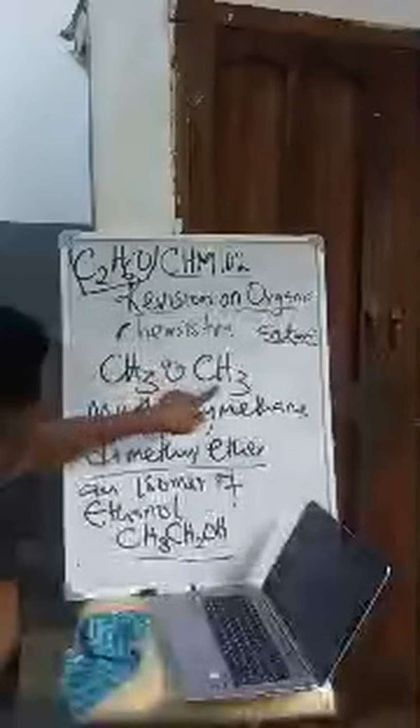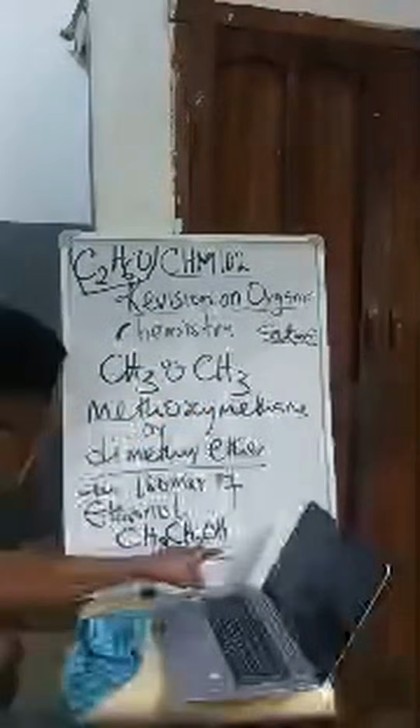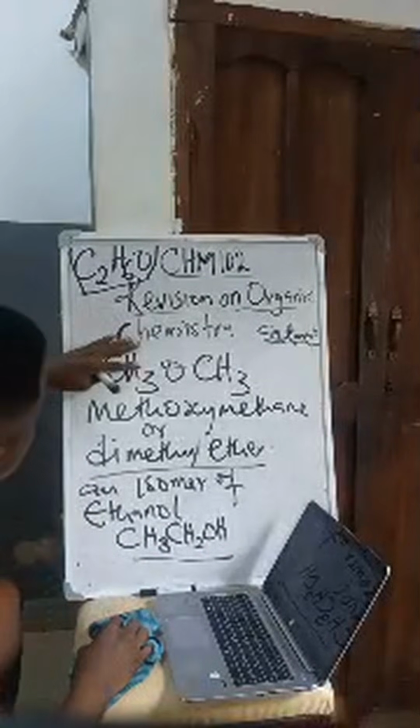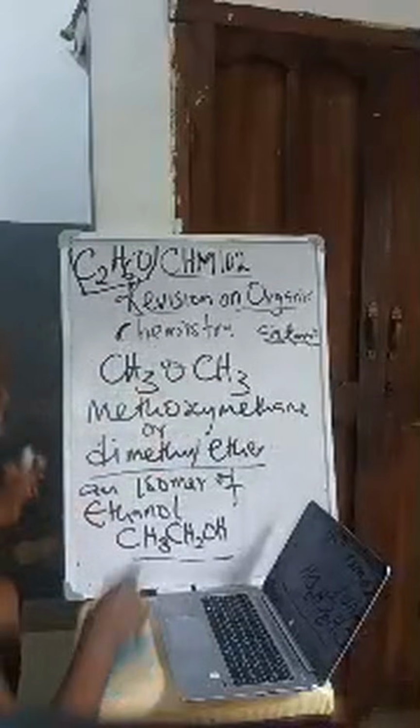But they have the same molecular formula, which is C2H6O. This is their general molecular formula. H is 6, 3 plus 3 is 6. So this is called functional group isomers.